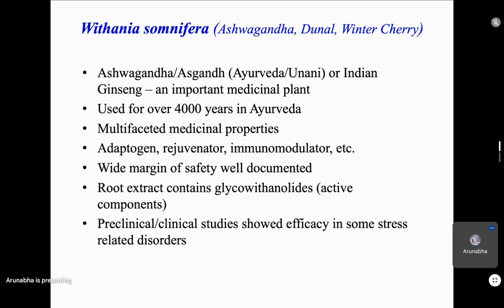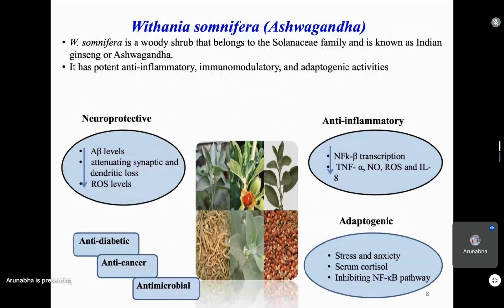Withania somnifera, different parts of the plant are effective. The roots are effective, leaves are effective. Irrespective of the part of the plant, it is the glycowithanolides which are the active components, and they contribute to the biological effects of the drug. Hence, we did some preclinical studies with the standardized extract of Withania somnifera on experimental models of bronchial asthma.